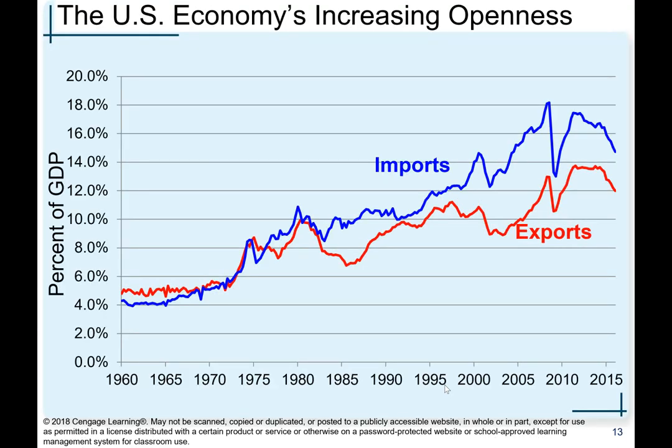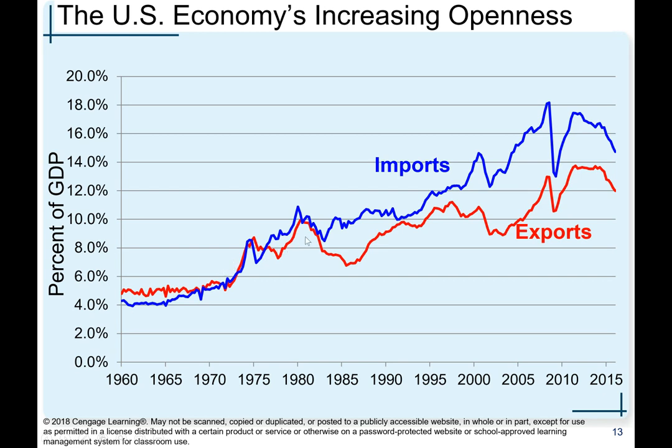The US economy's increasing openness. This graph shows a trend from 1960 to 2015. And as you can see, world trade is only increasing as a percent of US GDP. In 1960, the US economy was probably about 5% international trade.